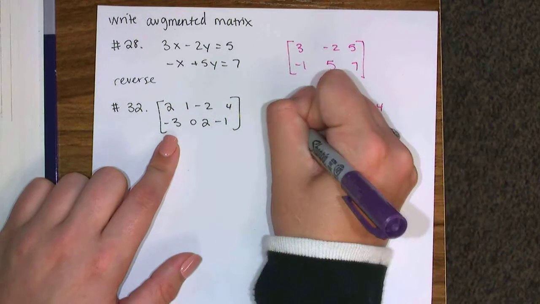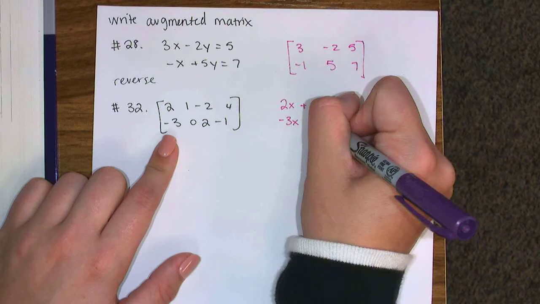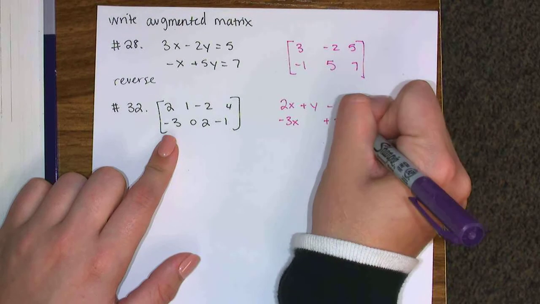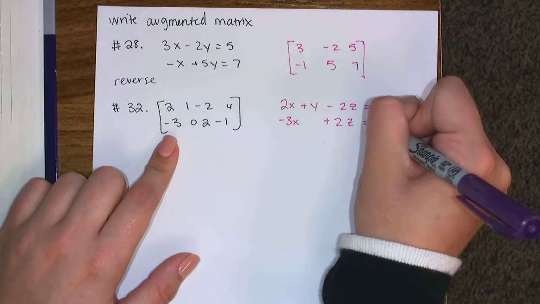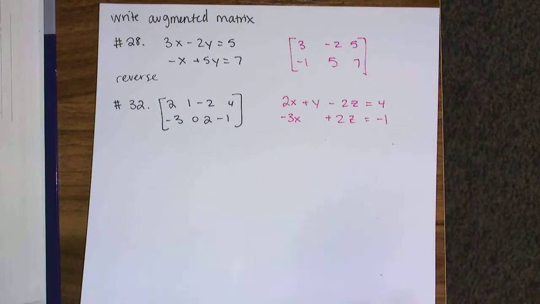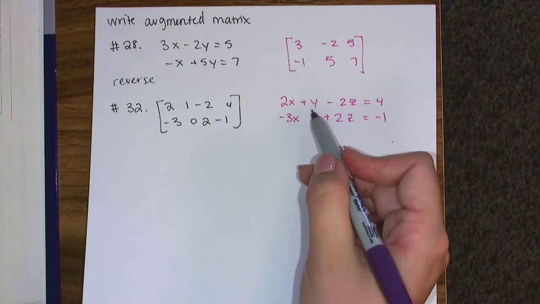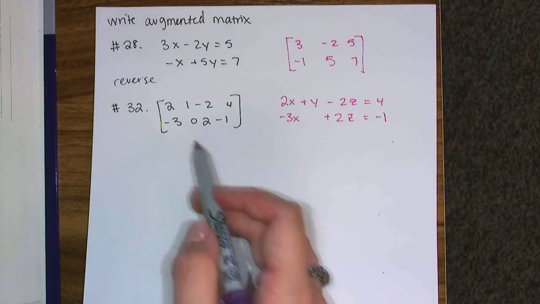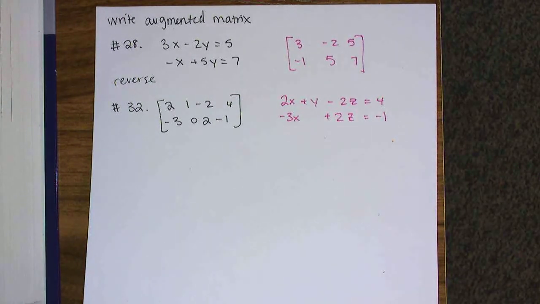Negative 3x plus 2z is equal to negative 1, and that's all I would have to show for that. Sometimes I leave a gap, but technically, if it's a 0, you don't even have to write anything there.